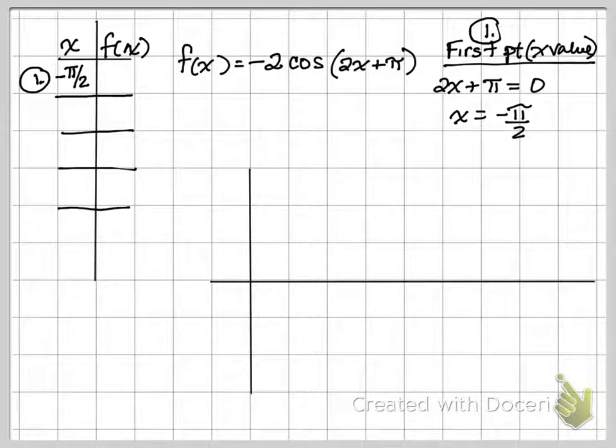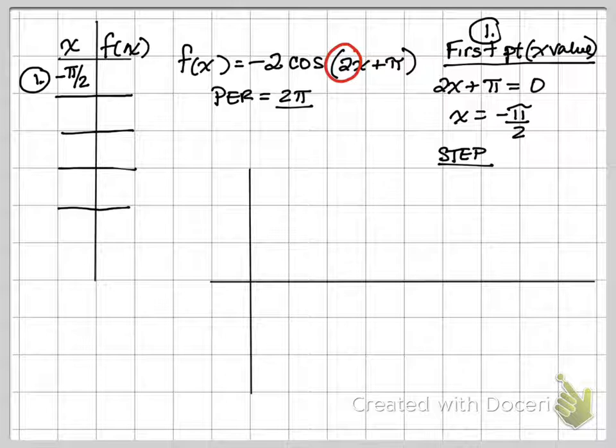All right, the next thing that we're going to do is find the step. The step depends upon the period, and I could have talked about that at the outset, that the period is equal to 2 pi over whatever the coefficient on x is.